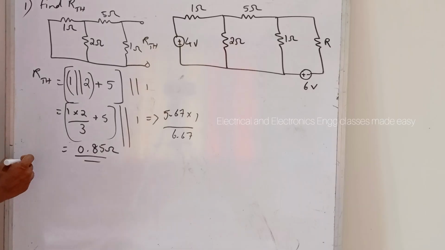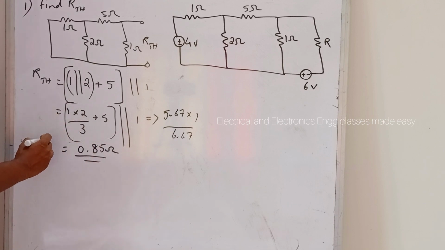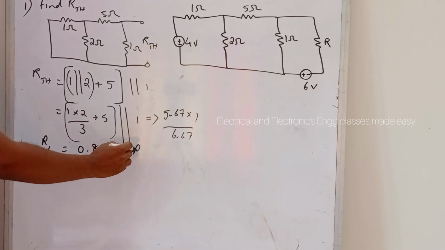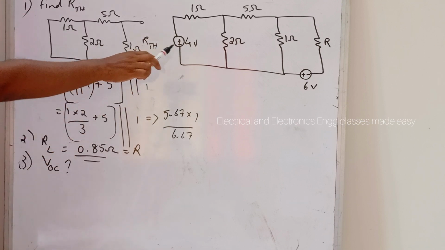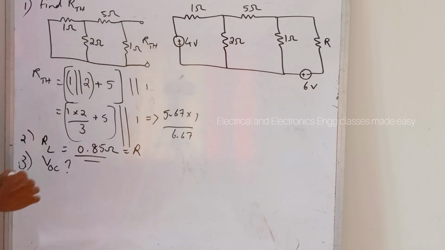Now the next step is to find, so here RTH is 0.85, that means RL is equal to 0.85 ohm, that is equal to R. Then the next step is to find VOC. So to find VOC, here we have to remove R and find VOC.